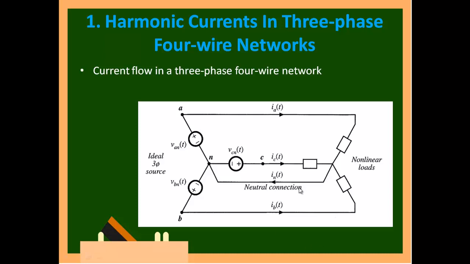This wire we call the neutral connection. This is the three-phase supply from your EB, and they will give the fourth wire, which is ground. That is not neutral, whereas you connect neutral inside your building. That is this particular connection. If there is some current flowing in this connection, then there are harmonics generated because of the non-linear loads.